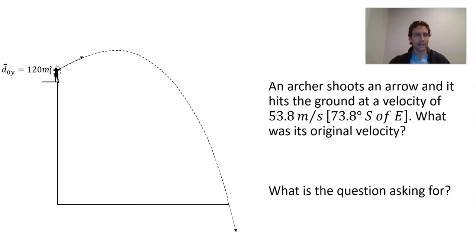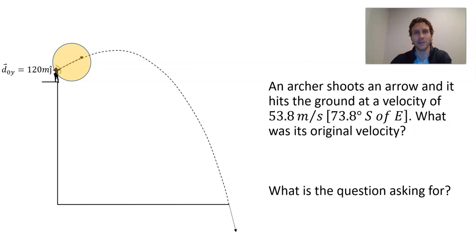So what is the question asking for? That's where you always need to start. On a quiz or a test, you always need to start with, what is this thing asking for? In this case, we are looking for that original initial velocity. Now what is the symbol that represents that?